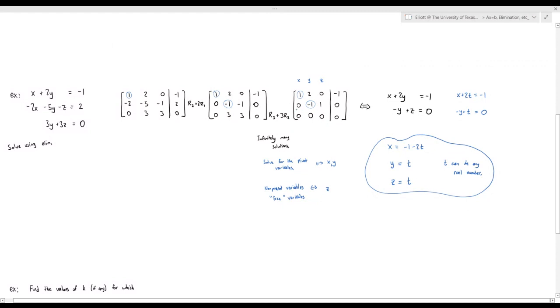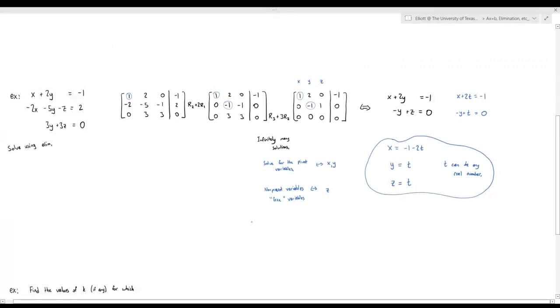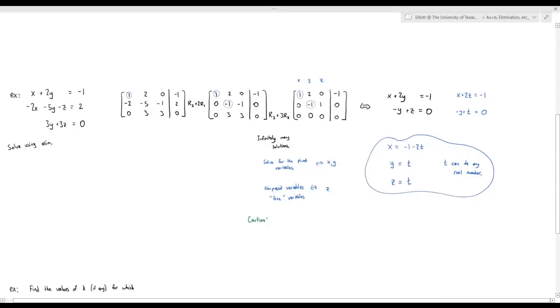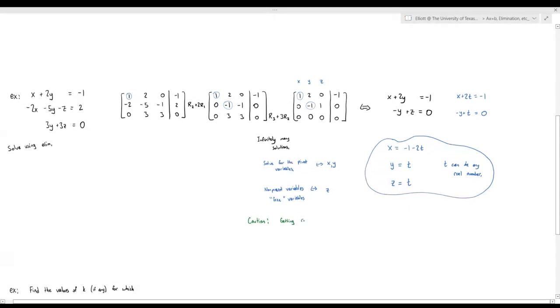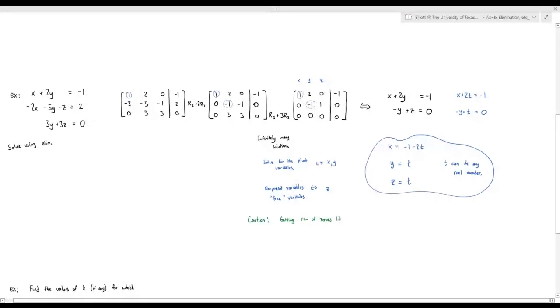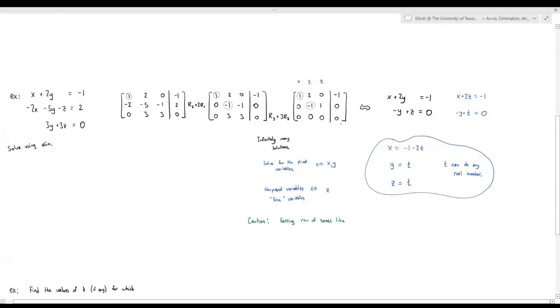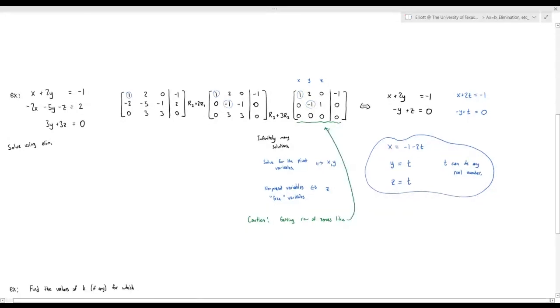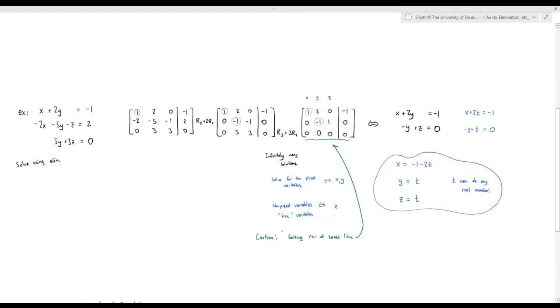Okay. So I'll caution you guys against thinking that way though. So getting a row of zeros like this, that in and of itself is actually not what leads to infinitely many solutions.